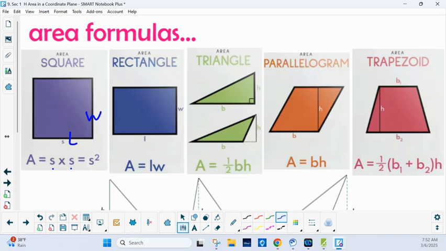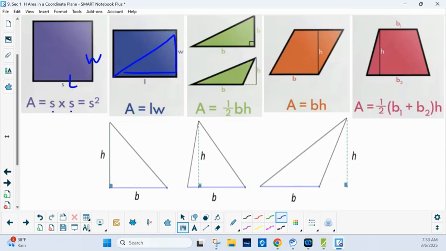Now a triangle is actually half of a rectangle. And so we kind of start the same, a length times a width, but we have to divide it by 2. On a triangle, we refer to that as the base times the height. Now, on a triangle, the base can be any side, and the height is the distance from the vertex across from your base.